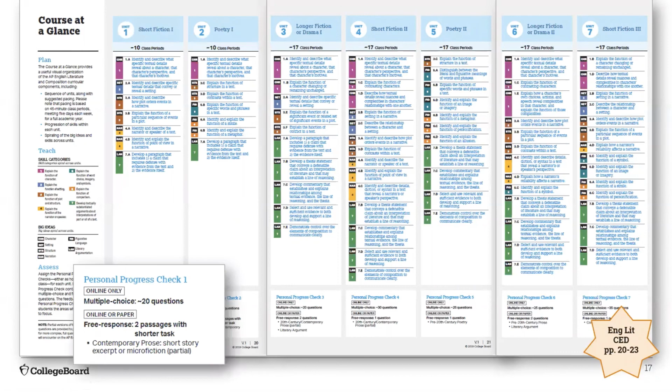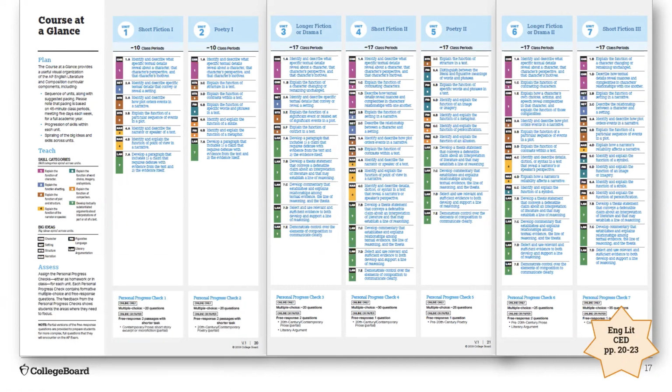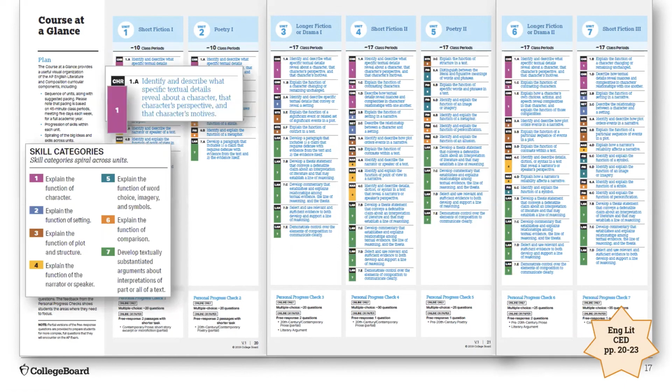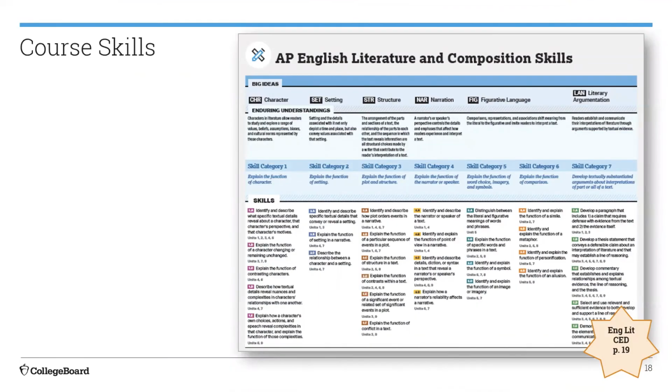We still have the notion of the progress check and a concentration on partial versions, especially earlier on in the course when students haven't learned as many skills yet. And those skill categories fall back to one of our full lists of skills here.